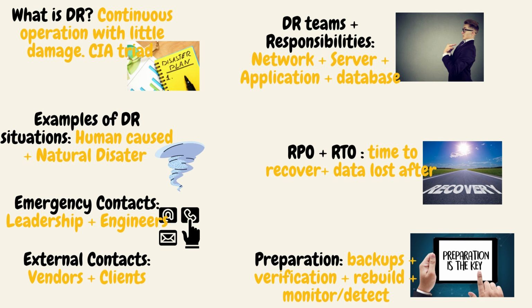Losing an hour of that data being written to your database will cause catastrophic implications to your business. So that's an example. But if you have a business where users only write to the data during working hours, Monday through Friday, 9 to 5, your RPO might not be as bad as somebody whose database is being written to all the time. Because guess what? You lose an hour, maybe during that hour, not much data was being written to.